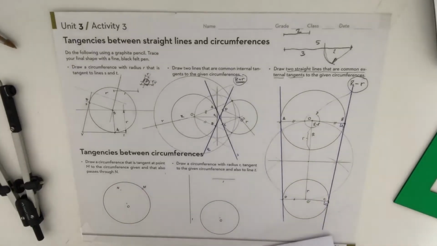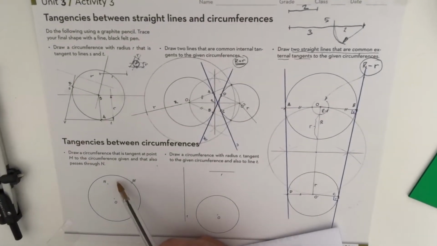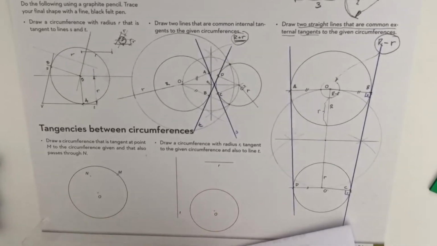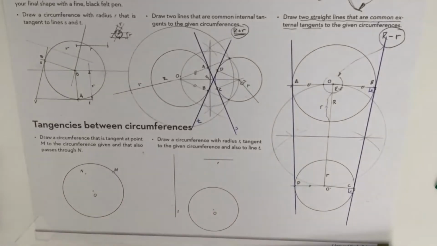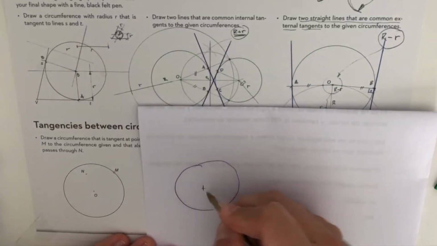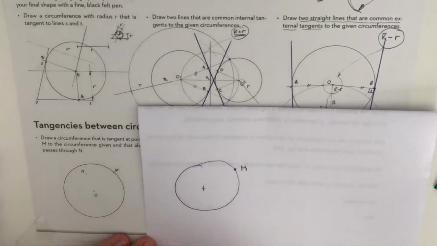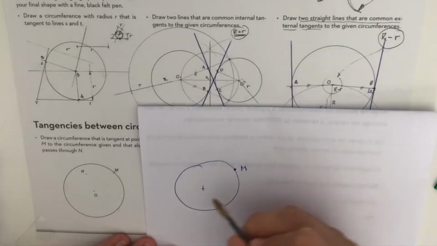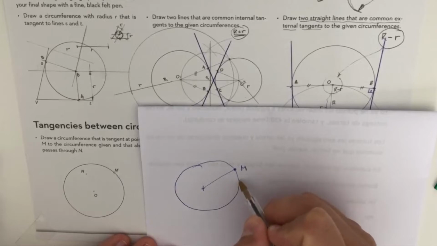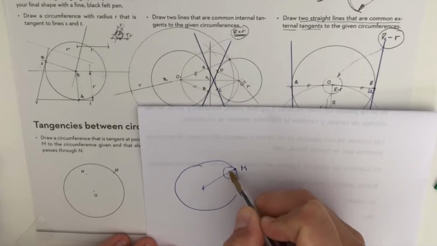Okay, so for this exercise, we have to do a circumference that is going through N and M inside the given circumference and tangent to this one. So, a little bit of theory. If we have this exercise where we have a point here called M, we know for certain that every circumference that is tangent to this one in point M will have its center in this line.